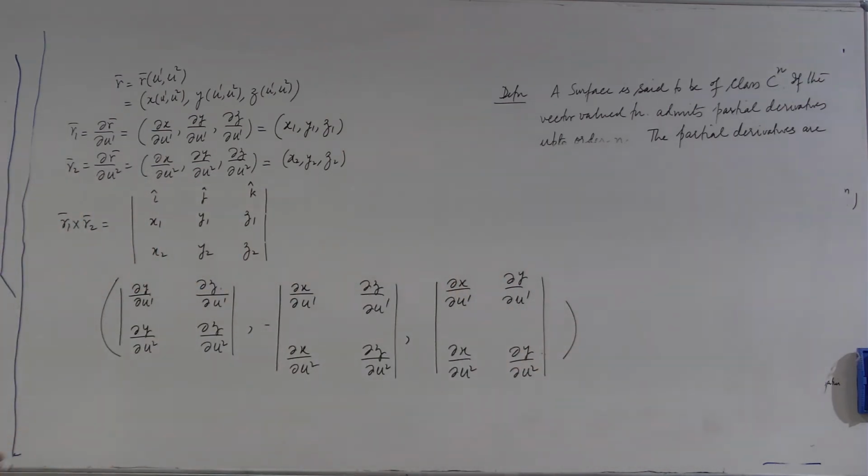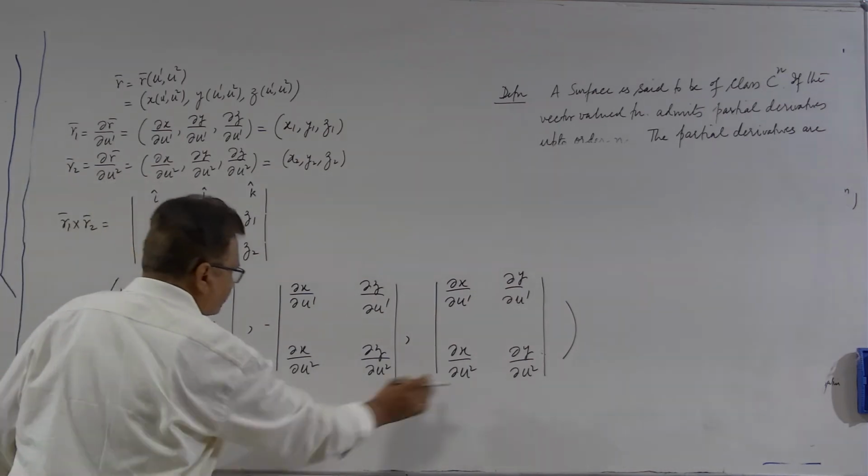This is the vector r1 cross r2, whose components are these Jacobians.